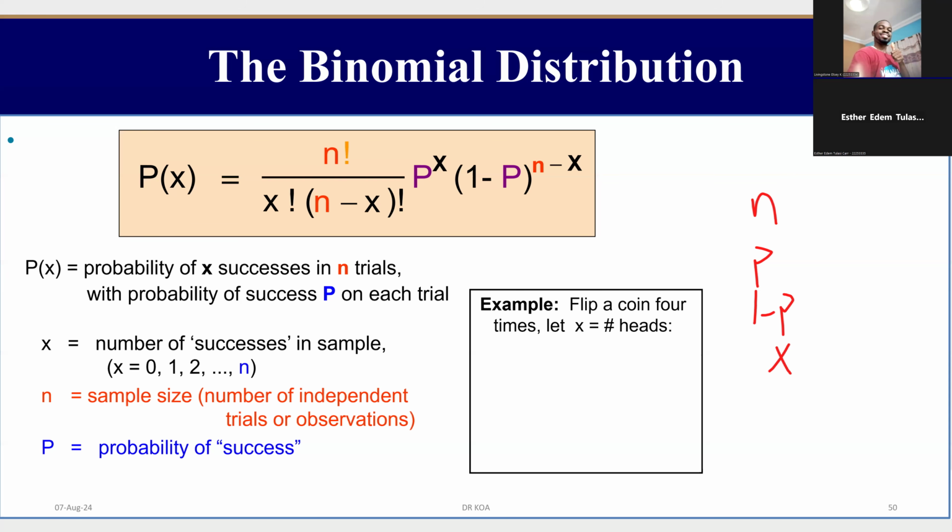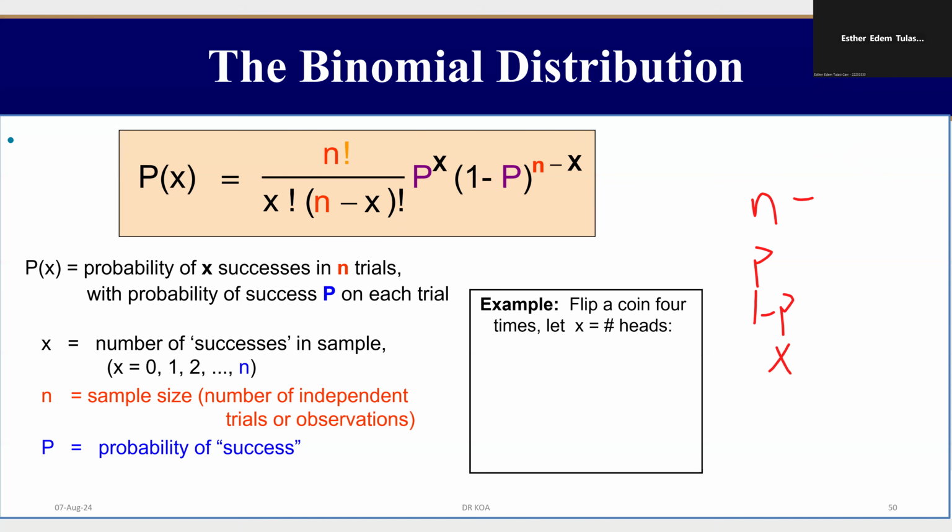Okay, what is P? N is 4. What is P? Esther. P is 8? No. Remember, P is the probability of success.